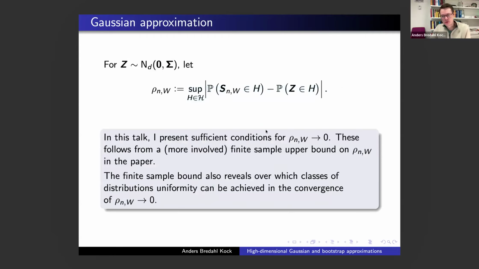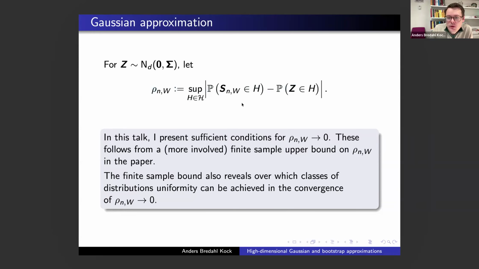So in the talk, I'll only present sufficient conditions for this to converge to 0. However, this convergence follows from more involved finite sample upper bounds on rho nw in the paper. In particular, these finite sample upper bounds in the paper also reveal over which classes of distributions one can expect uniformity in this convergence to 0.